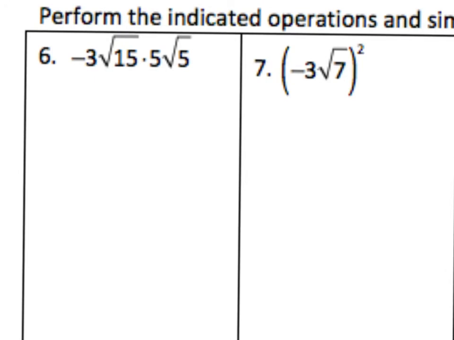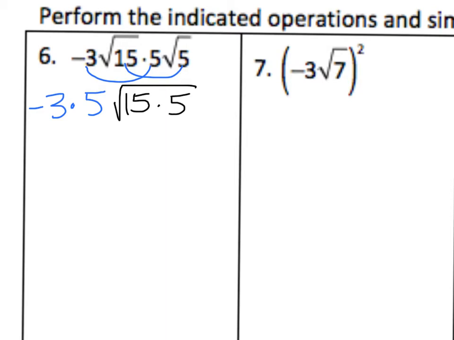So like I said, you can multiply the numbers outside together and the numbers inside together. So for notes purposes, I'm going to write all of this out. Negative 3 times 5, and then I have the square root of 15 times 5. Okay, so negative 3 times 5 is negative 15, and then 15 times 5, that's going to be 75.